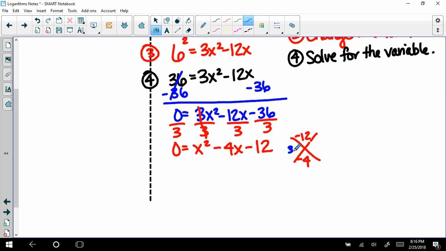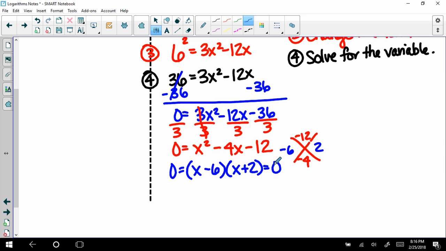So that's out. Okay, so then I try 6 and 2. Negative 6 times 2 is negative 12, and negative 6 plus 2 is negative 4. And since there's a 1 in front of x squared, then I can just make that my two parentheses. x minus 6 because it was negative 6, and x plus 2 because it was positive 2.